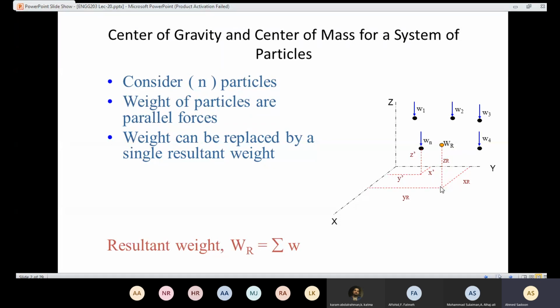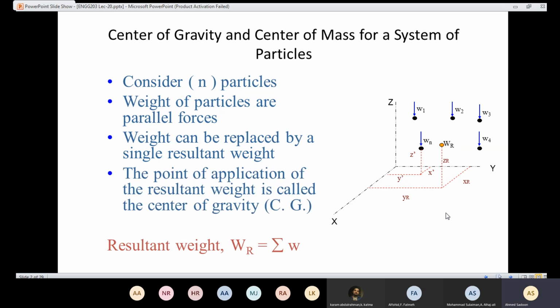So now we need to know the location of the resultant weight. We are going to have X resultant and Y resultant. And that is the center of gravity for WR. Also, we have ZR. Once I know XR, YR, and ZR, I'm in a position to write the coordinates of the center of gravity. Since we are dealing with 3D, we are going to have X center of gravity, Y, and Z center of gravity.